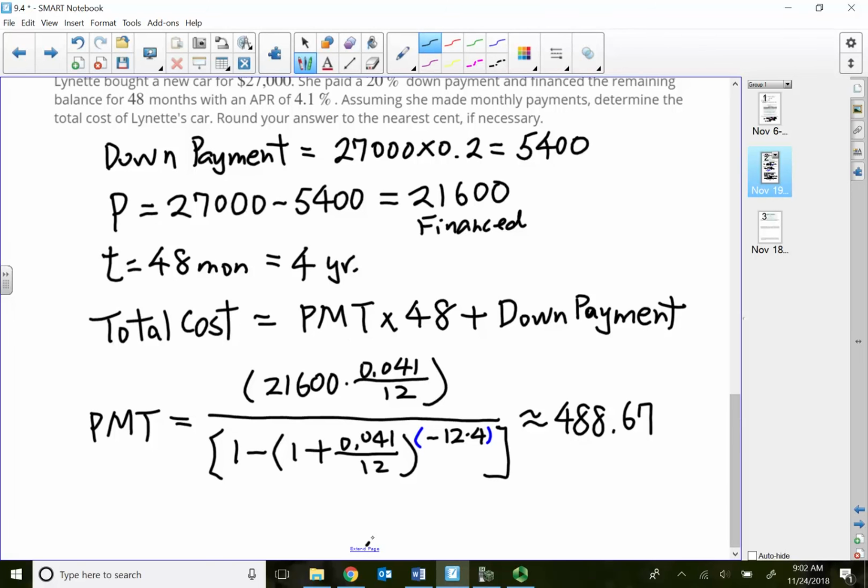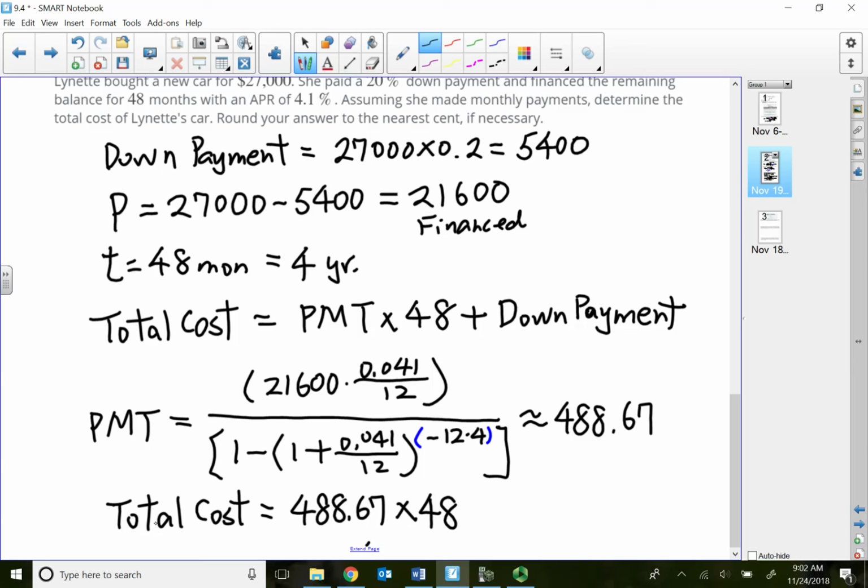Alright, so let me do this. Total cost. If she is going to make $488.67 payments every month for the next 48 months, once she pays the last payment, she has paid off the car.